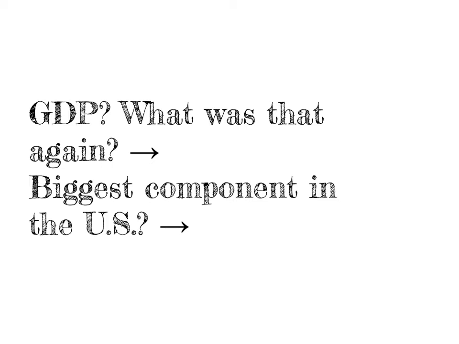Let's start with GDP. Can you remember the definition? You may want to pause here for a bit to allow yourself to retrieve that information from your brain or from your notebook. Our textbook's definition for GDP is the following.